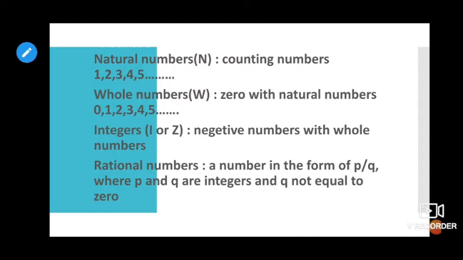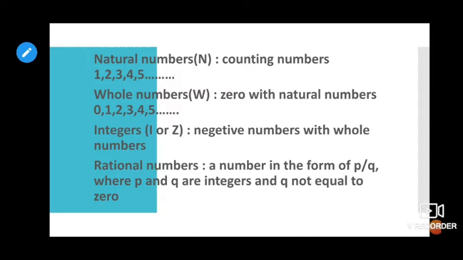Suppose I want to show a half part, or something incomplete, not a fully completed thing, then which number set do I have to use? For that we are going to have rational numbers.